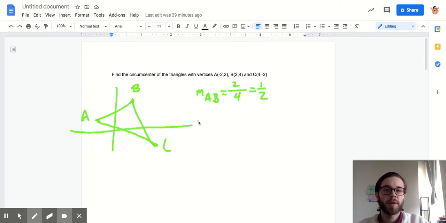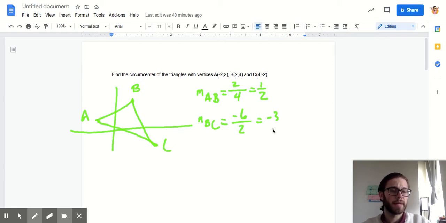Let's look at the slope of BC. Okay, so we have change in y, so negative 2 minus 4 is negative 6. 4 minus 2 is 2. That's going to be negative 3. So that is something that you look at and go, not bad. And you are right, that's not bad.